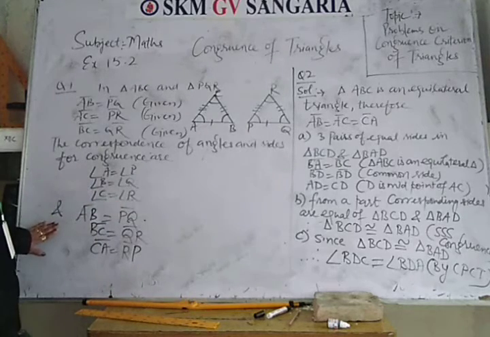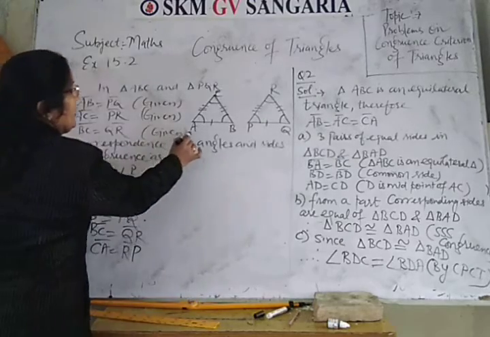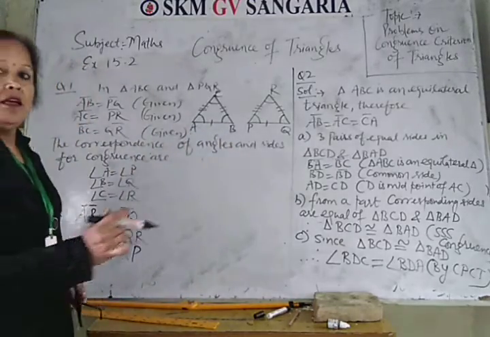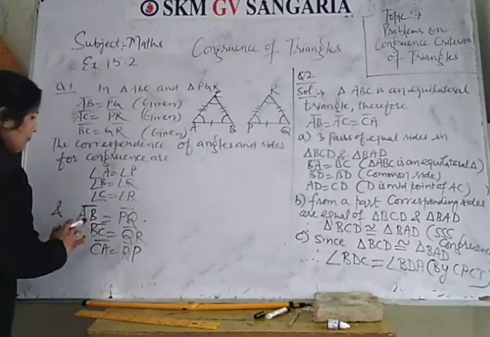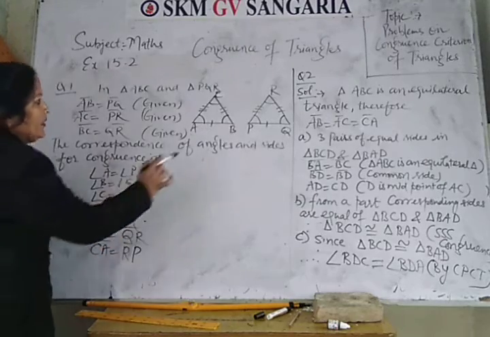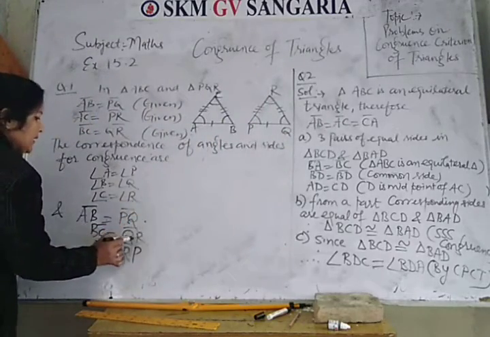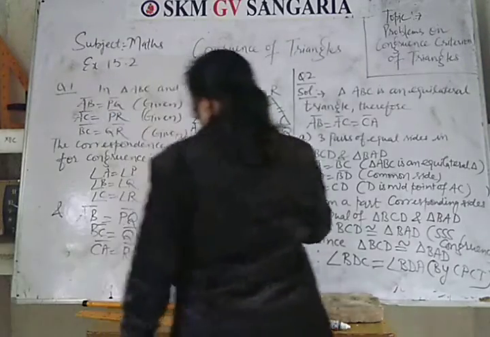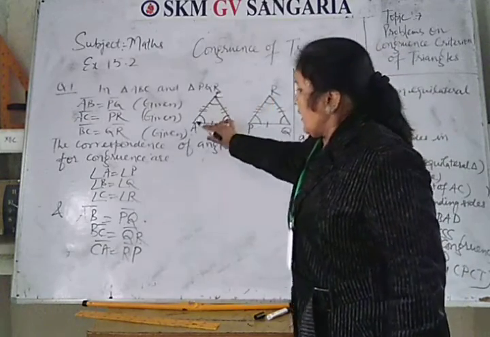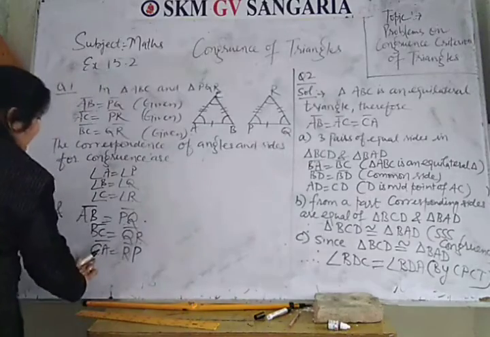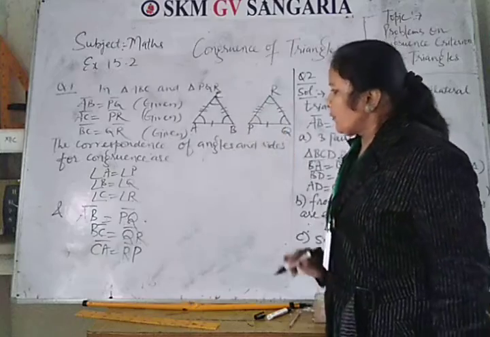Now the correspondence of sides. Here AB is equal to PQ, then BC is equal to QR, then CA is equal to RP.